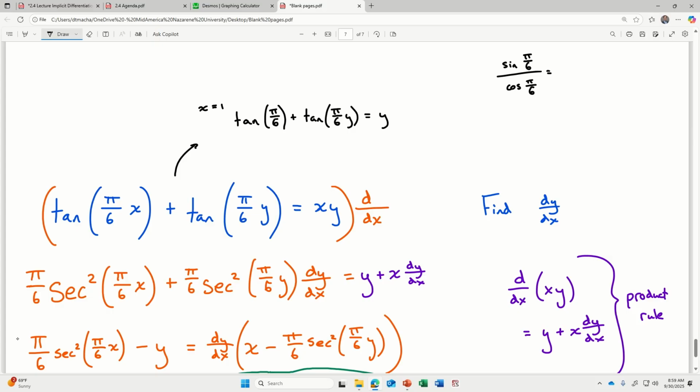And cosine of pi over 6 is the square root 3 over 2. And dividing is the same thing as multiplying by the reciprocal. And so tangent of pi over 6 is going to be 1 divided by square root of 3. So this equation becomes 1 over square root 3 plus tangent of pi over 6y is equal to y.